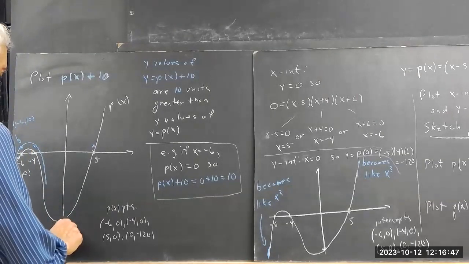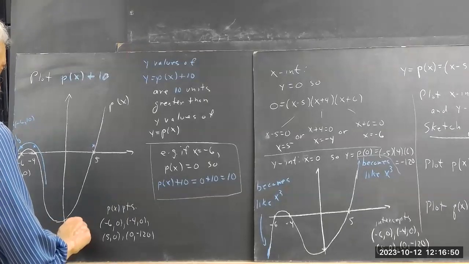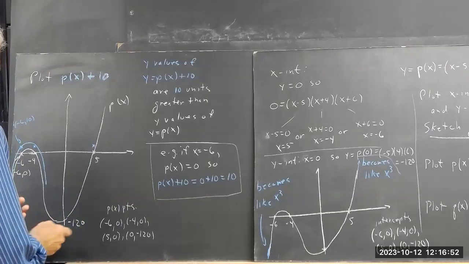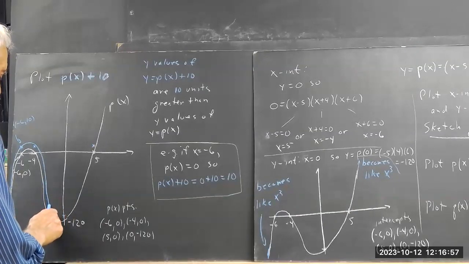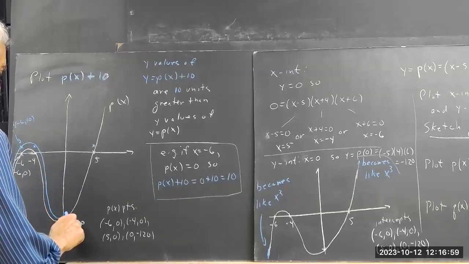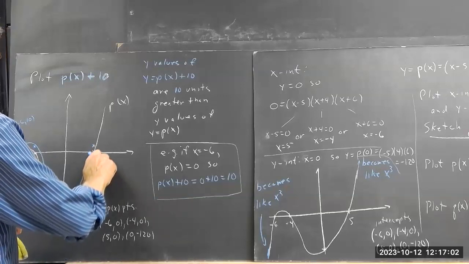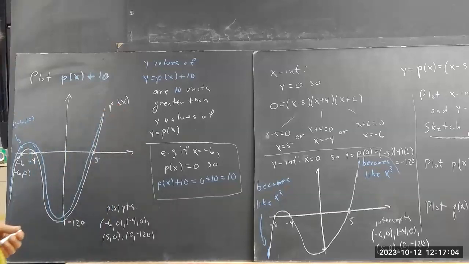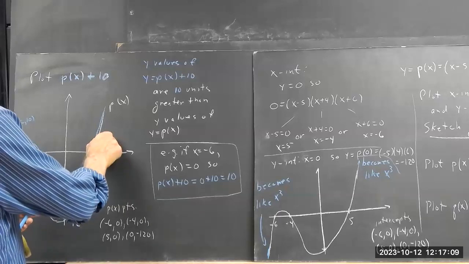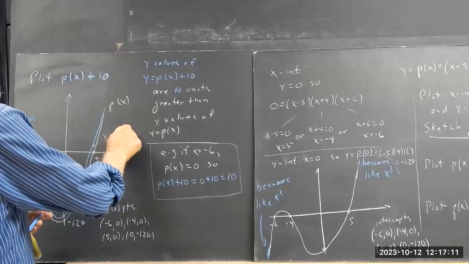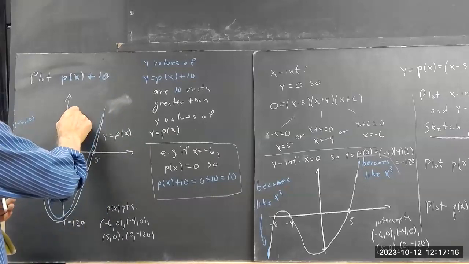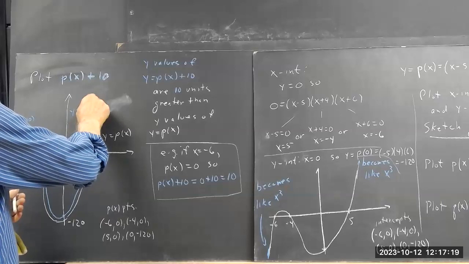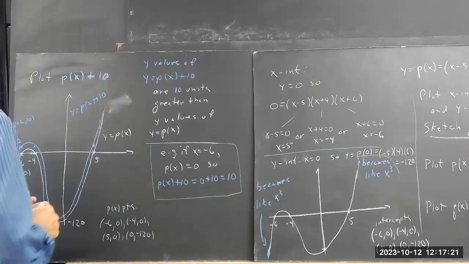Going to fudge it a little bit. I'll call this negative 120. And now my blue graph is going to go through here. So it's going to come down like this and come up through here, like so. Okay. So here's a graph of y equals p of x. I'll erase that label. Then we'll put the y in there, and y equals p of x plus 10.